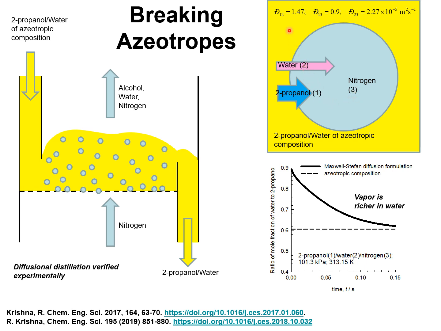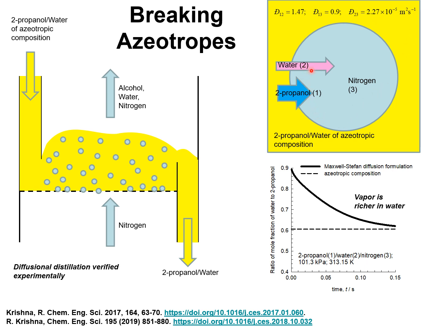The binary pair diffusivities are shown here. For 1,2, that is for 2-propanol water, the Maxwell-Stefan diffusivity is 1.47 times 10⁻⁵ square meters per second. For 1,3, that is 2-propanol nitrogen, the diffusivity is 0.9 times 10⁻⁵ square meters per second.